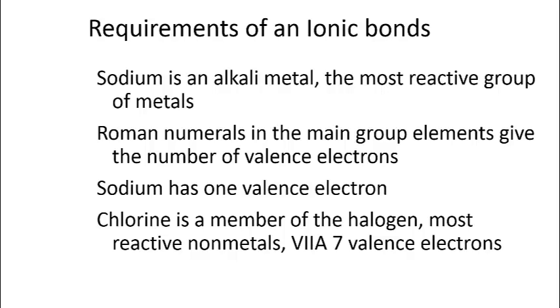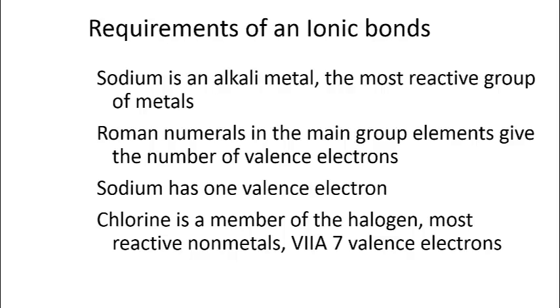This is just for the main group elements, remember. Since sodium is in group 1A, it therefore follows that it must have one valence electron, and a total of 11 electrons since its atomic number Z is equal to 11.